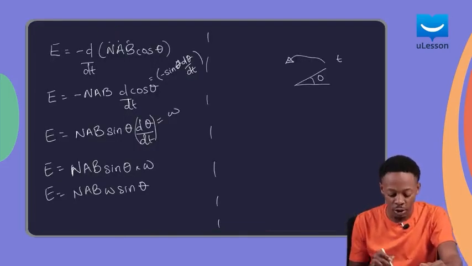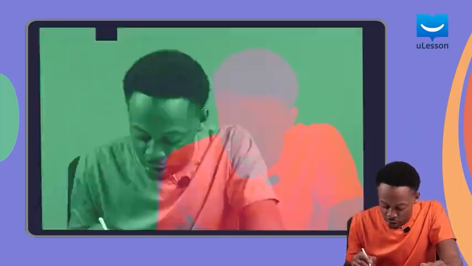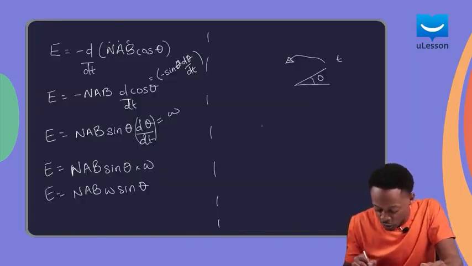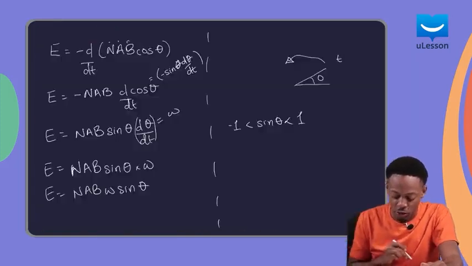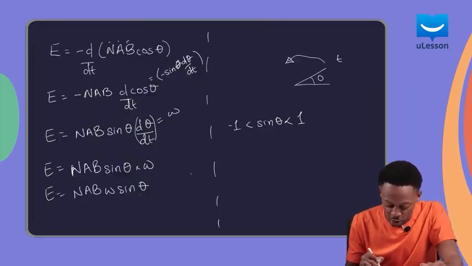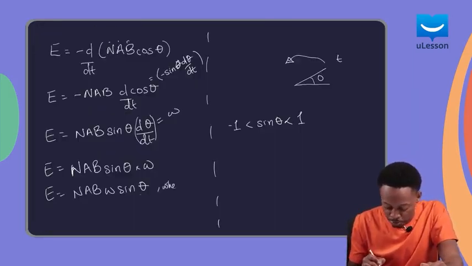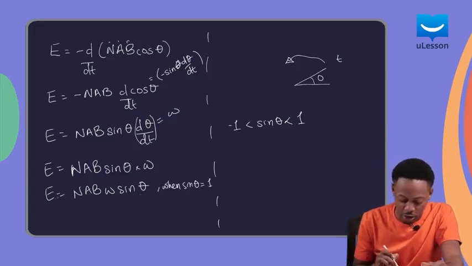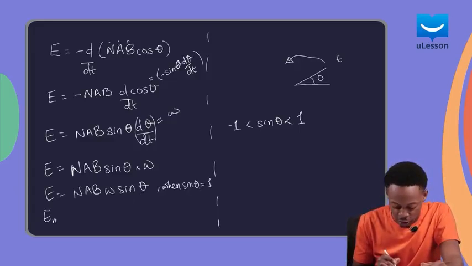Okay. So now you know that sine theta goes from -1 to 1. So what this means is that the maximum value is when sine theta is equal to 1. This is at its maximum value.